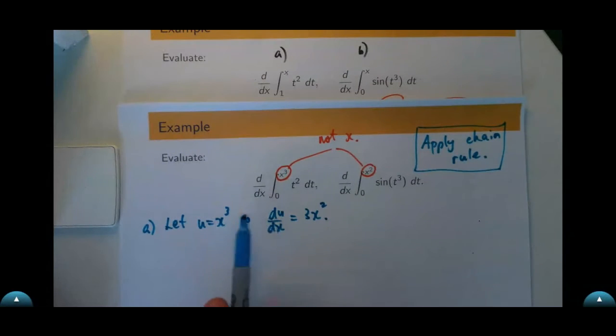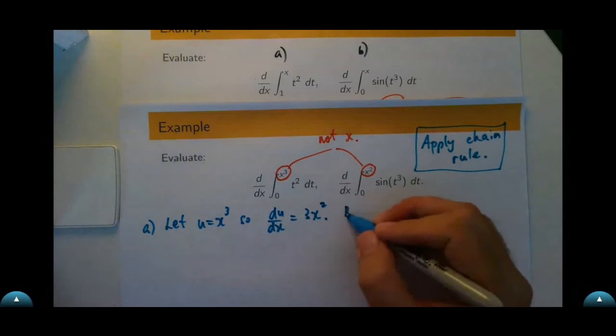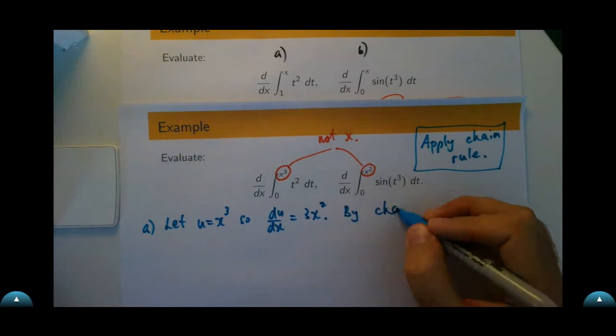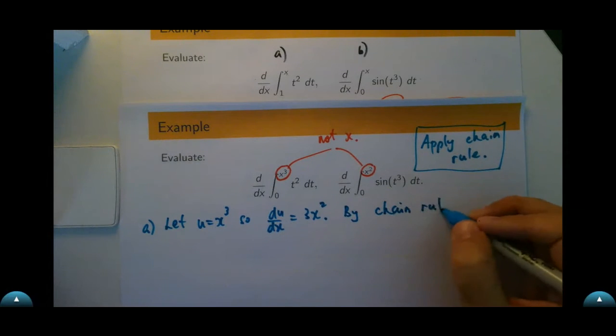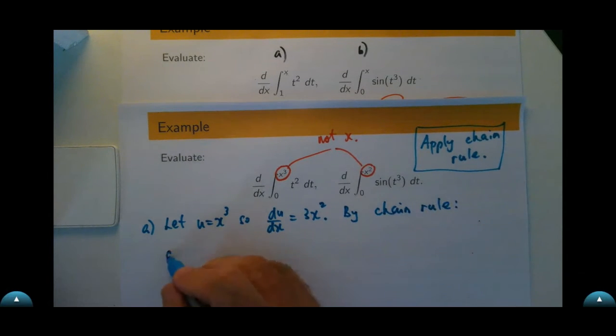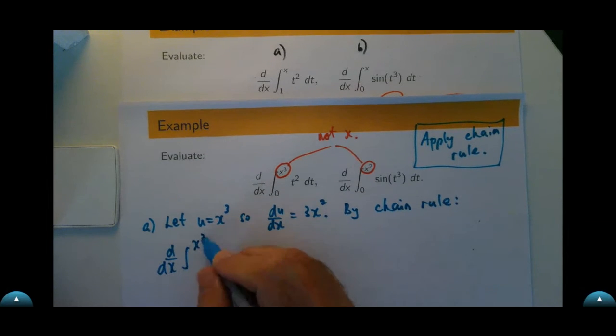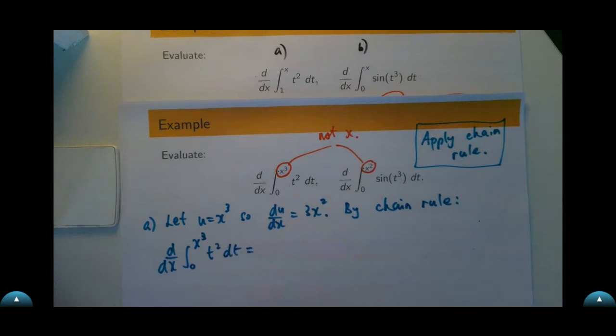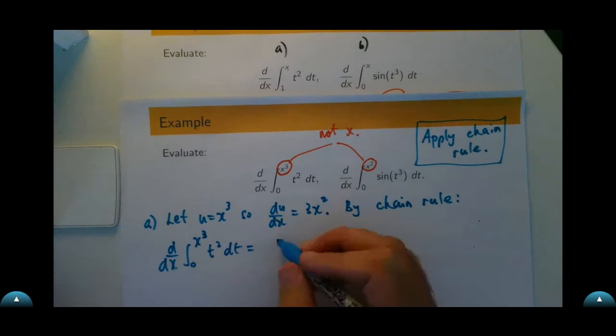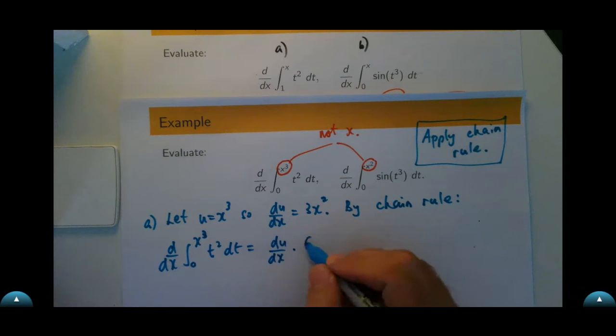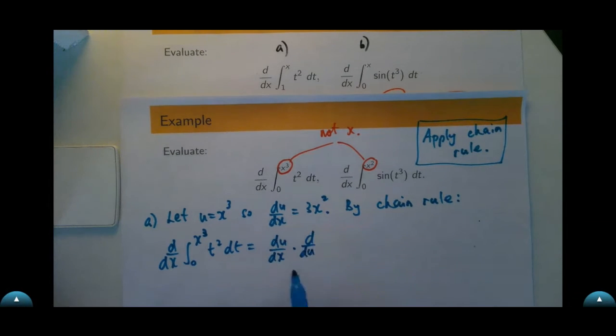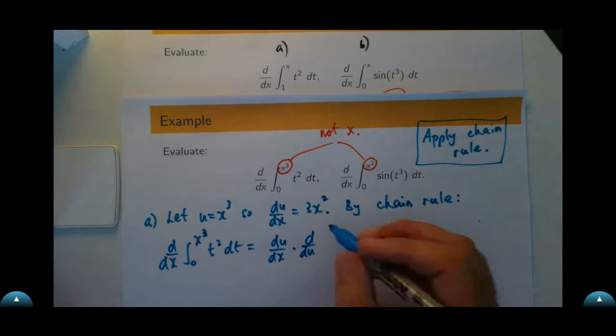Okay, so with those two bits of information, what have we got? Okay, so d dx is just du dx times d du. That's the chain rule at work right there.